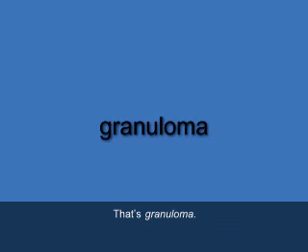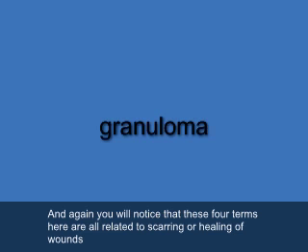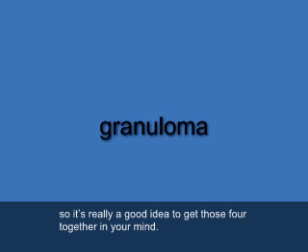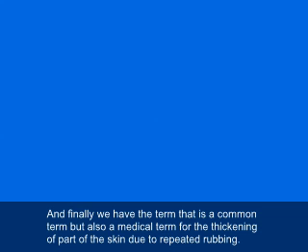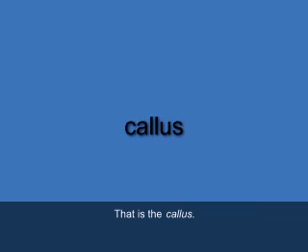Granuloma. And again, you'll notice these four terms here are all related to scarring or healing of wounds. So it's really a good idea to get those four together in your mind. And finally, we have the term, that's a common term, but also a medical term, for the thickening of part of the skin due to repeated rubbing. That's the callus. Callus.